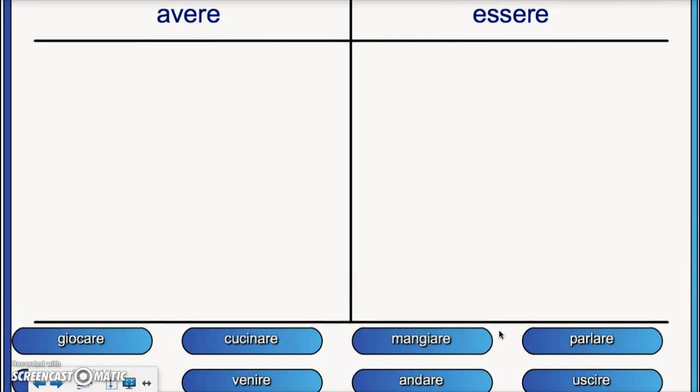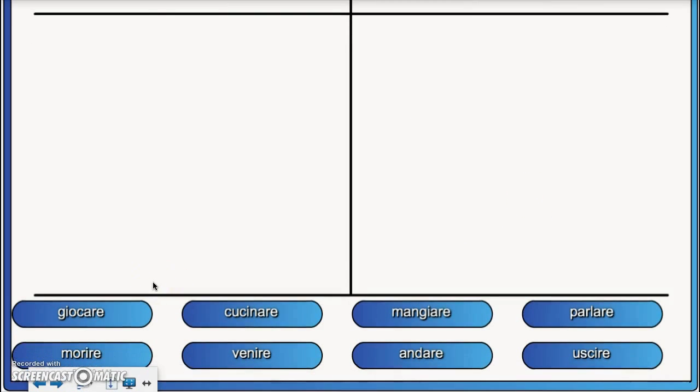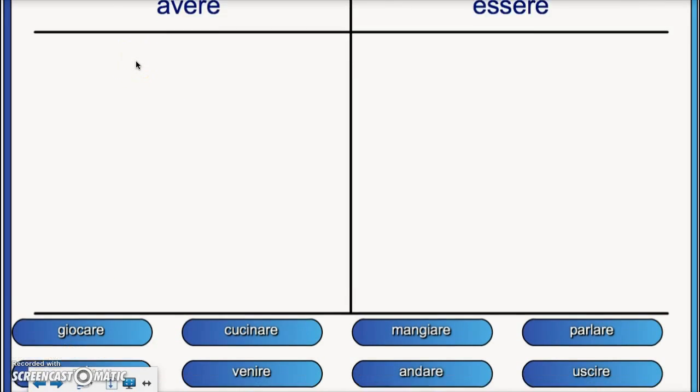You could have an indirect object but not a direct object, and so those verbs are always going to take essere. And so just to get students thinking about those types of things, I would have them come up and drag and drop the verbs into the correct helping verb column.